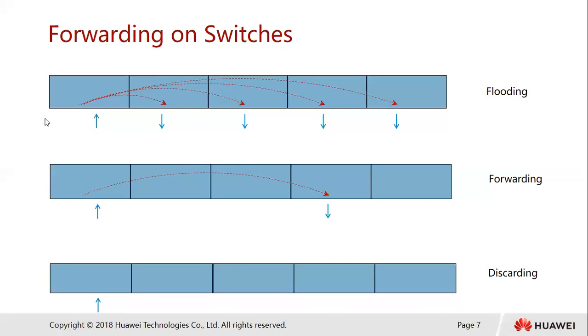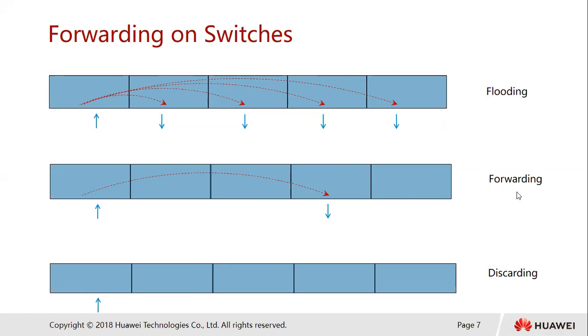The switch will receive the frame through one port, and it will forward the frame to all other ports, apart from the port where it received the frame. So this is what we call flooding.